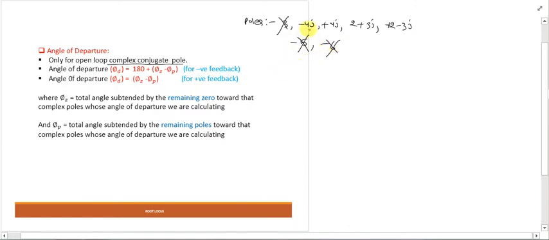We only calculate the angle of departure for the complex poles. This is the formula for calculation of angle of departure for negative and positive feedback, if the value of k is greater than 0 and if the value of k is less than 0.